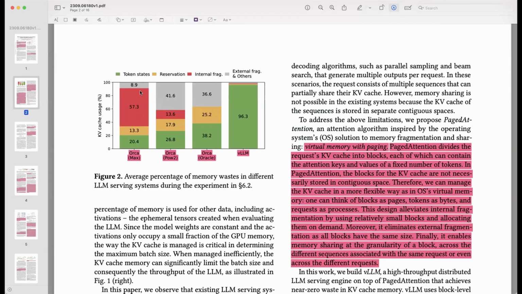They allocated a certain amount of memory per request, saying this is the amount of KV cache I need, but the autoregressive phase ended earlier, so you had extra memory left that you'd allocated but didn't use. So this is the wastage. And then the external fragmentation is, when you allocate memory per request for the KV cache, you don't allocate it contiguously, and as requests come and go, you are deallocating and allocating again.